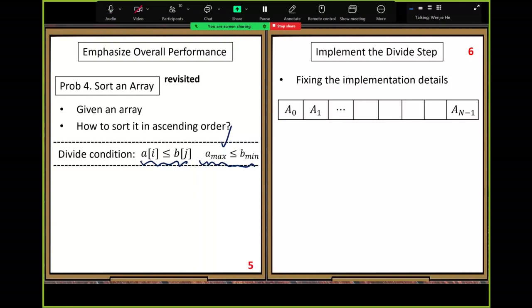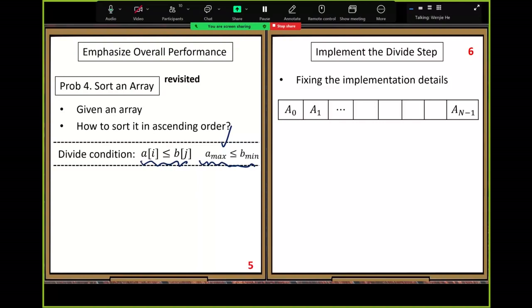Let's consider the original array. This diagram means the original array, and it's not ordered. This capital A array is not ordered. The question is, how can we split this array into two parts?